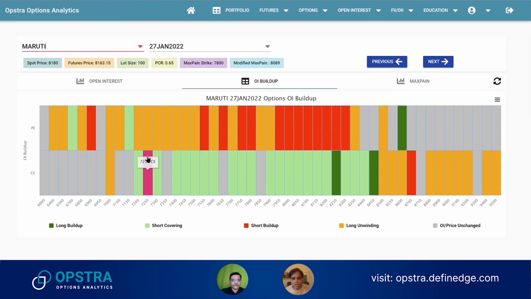You don't have to put your mind to it. Only in a sideways market there may not be much clarity, but if there is a clear trend, you will see a clear picture here.